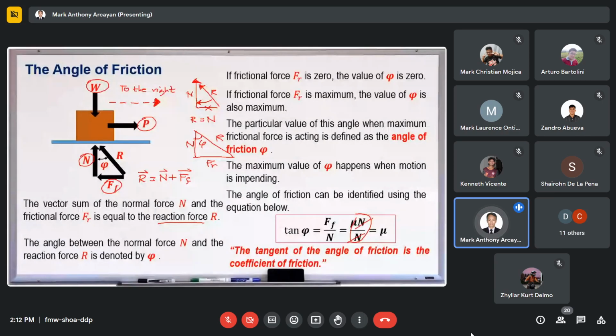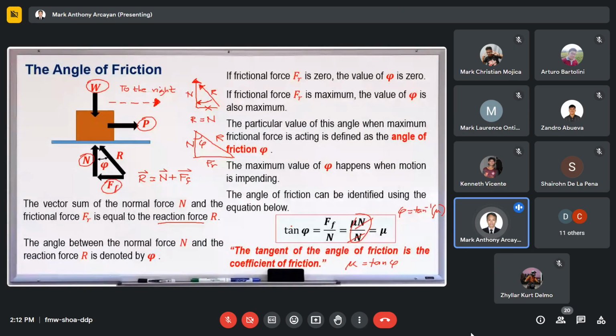So in a problem, if you are given the angle of friction instead of the coefficient of friction, mu is equal to the tangent of phi. In other problems that ask for the angle of friction, simply take the arctangent. The angle of friction is just the arctangent of our coefficient of friction.